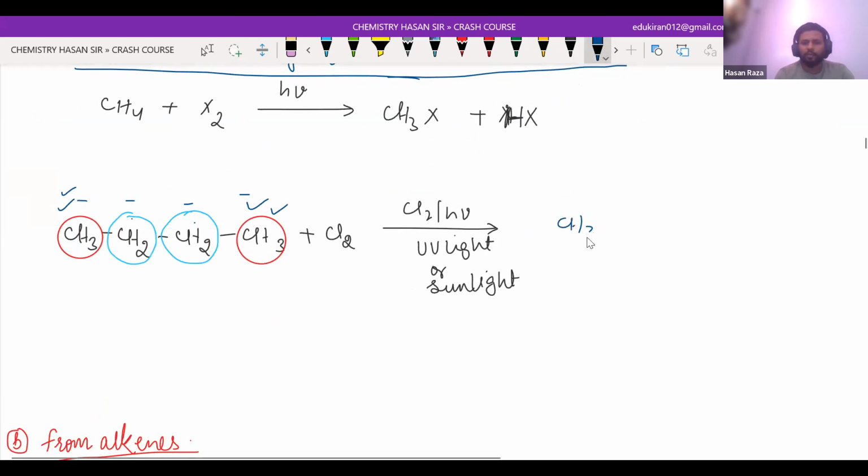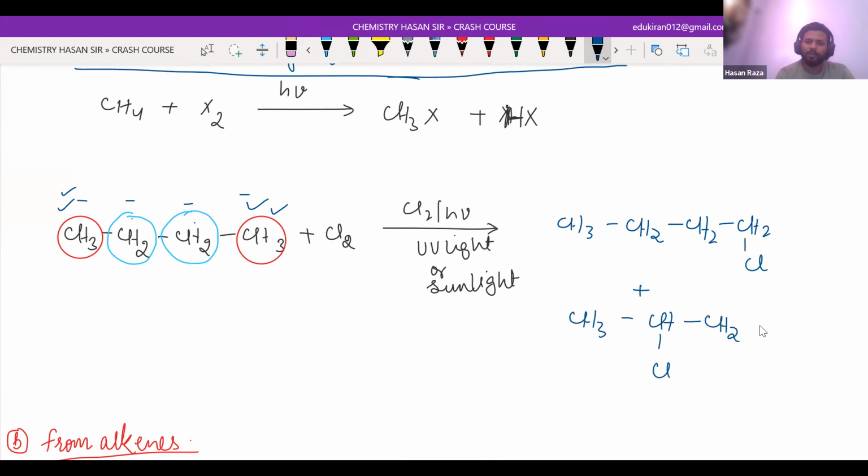So you will get two products: CH3, CH2, CH2, and then the terminal carbon's hydrogen replaced by chlorine. It's a substitution reaction, and this is 1-chlorobutane, and this is 2-chlorobutane.